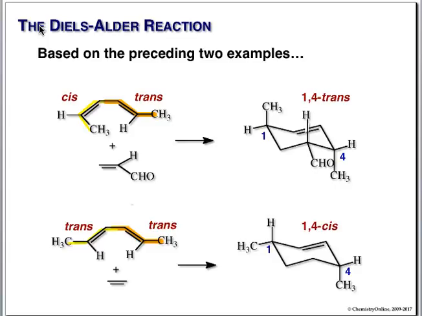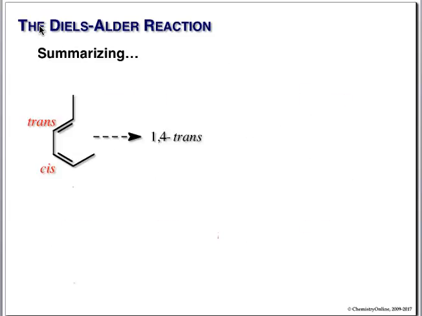So the stereochemistry here is a little more complicated than it was with the dienophile. Remember, dienophile is always preserved, but there are only two cases to worry about here: the cis strands and the trans strands. Once again, cis strands yields 1,4 trans.